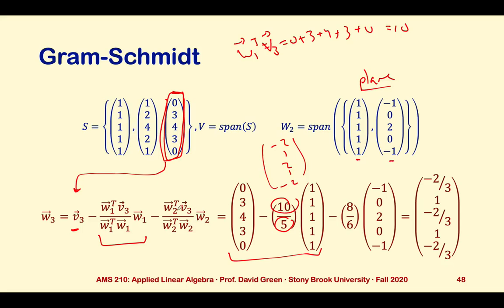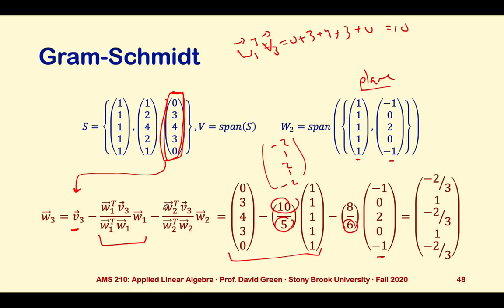We have to subtract off the projection of, again, V3 onto W2. W2 is our vector here, negative 1, 0, 2, 0, negative 1. What is the length of W2? The length of W2, the denominator here, we get by taking the sum of the squares. 1 plus 0 plus 4 plus 0 plus 1 gives us 6.